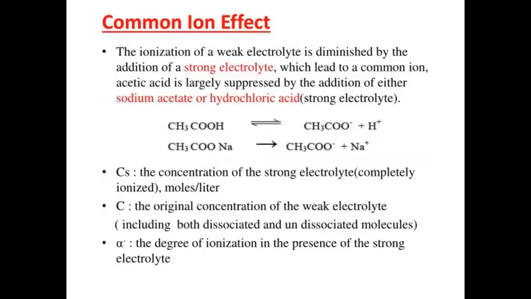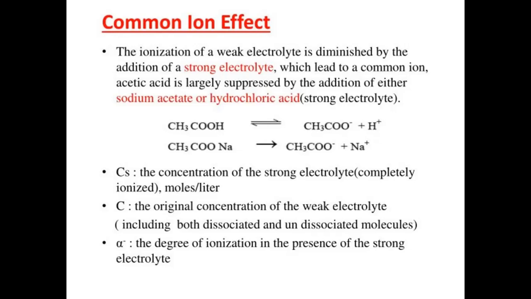Now the common ion effect. What is common ion effect, students? As the name suggests, the common ion present. Sometimes when a weak electrolyte dissociates, it produces ions. But if we add a small amount of a strong electrolyte into the weak electrolyte, there is a suppression, दब जाना, suppression of that common ion which is present in them.